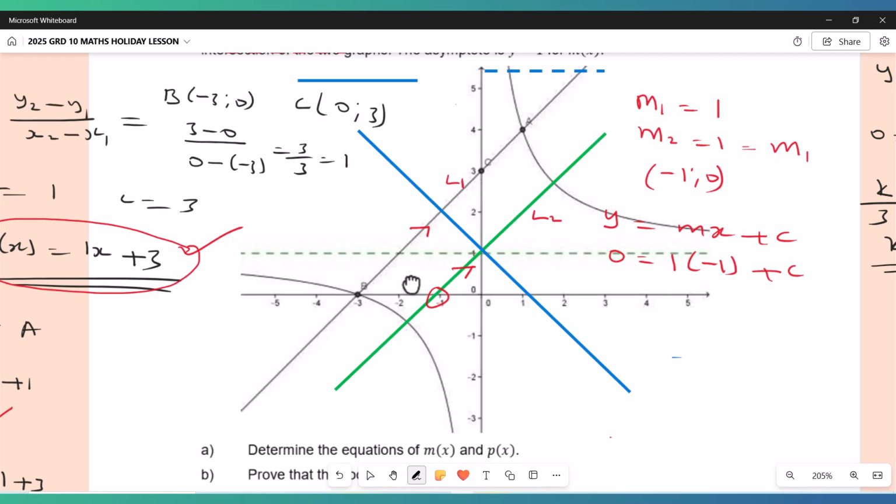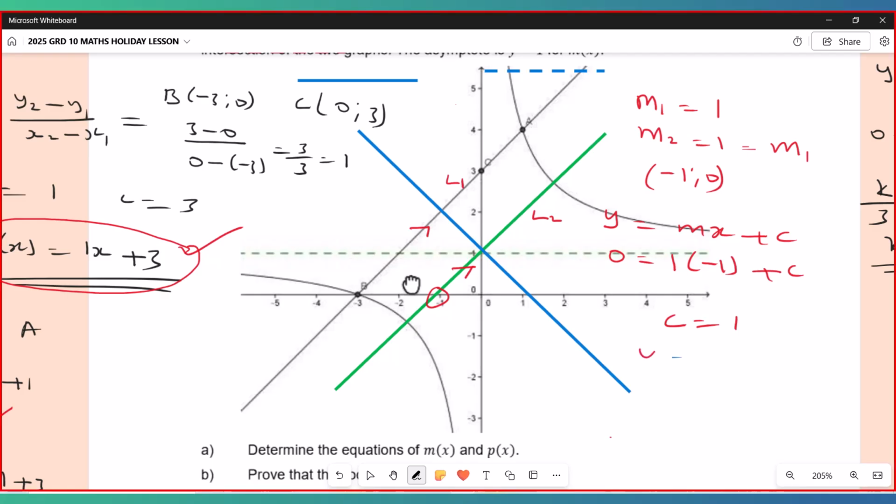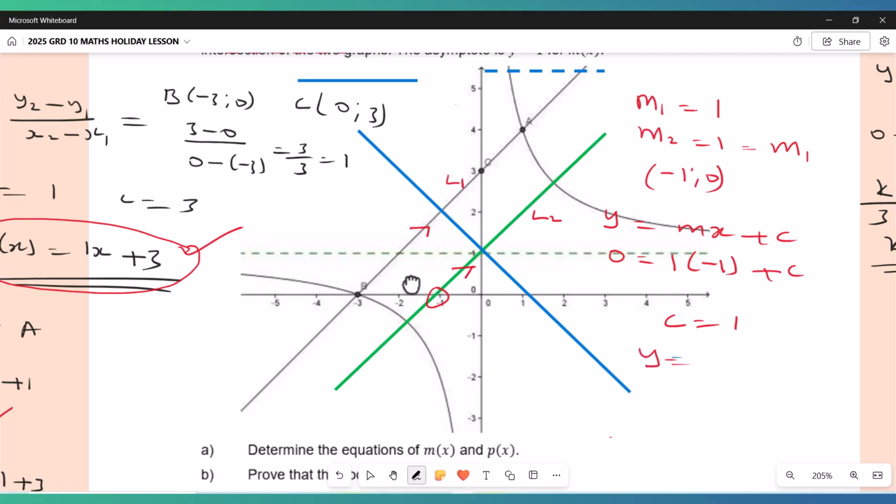So c equals +1, and hence the line is given by y equals 1x, which is x, plus 1. That's what we have here, actually the same as the green one here. That's our line they're talking about.